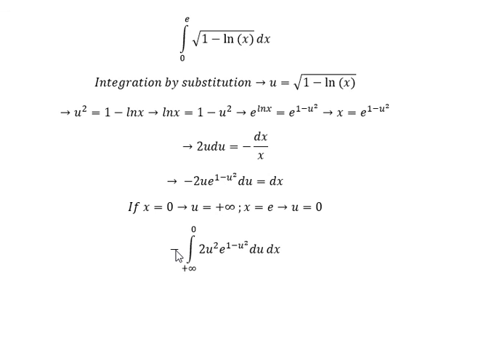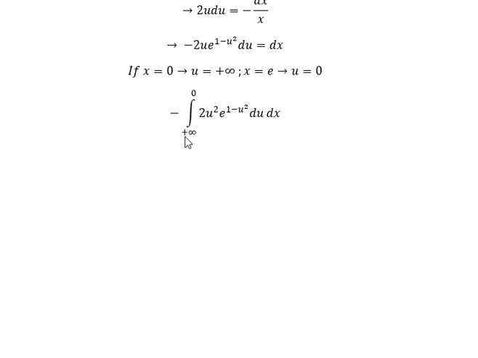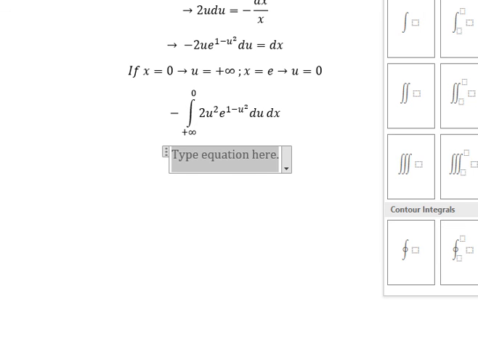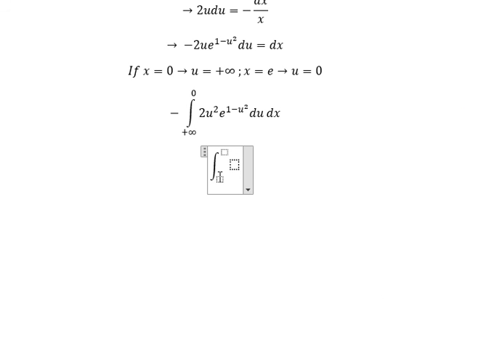We have the negative sign, so we can swap the top and the bottom limits, and now you will get the integral from 0 to positive infinity. We put the number 2 in here.